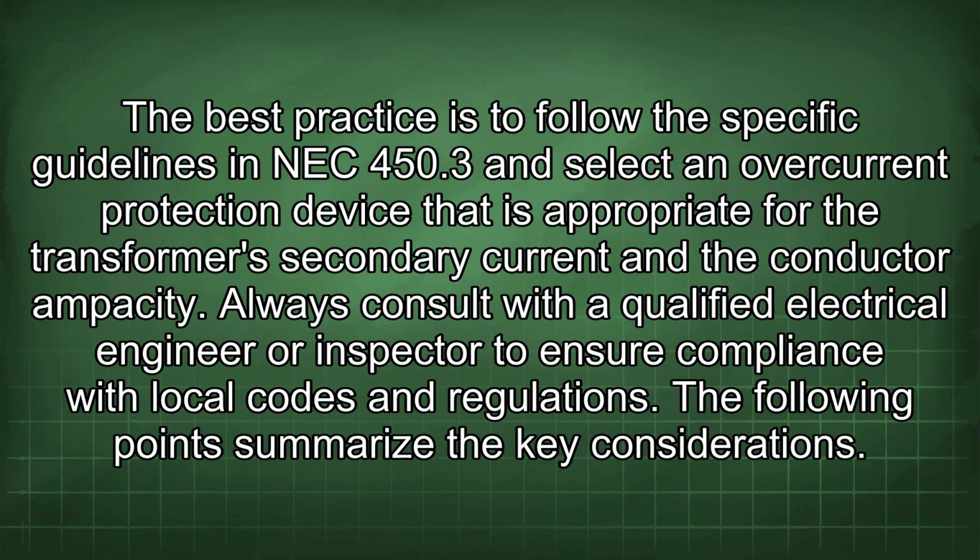The best practice is to follow the specific guidelines in NEC 450.3 and select an overcurrent protection device that is appropriate for the transformer's secondary current and the conductor ampacity. Always consult with a qualified electrical engineer or inspector to ensure compliance with local codes and regulations.